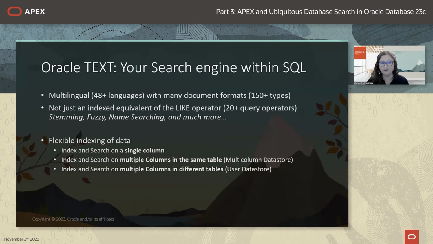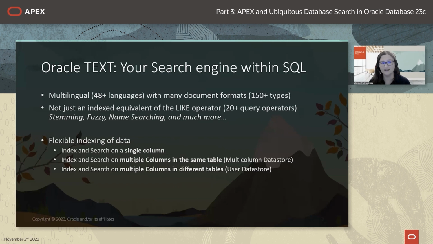The engine is also multilingual, which I know is very important from the variety of people that we have joining on the call from all over the world. It is important that it supports searches in more than just English, and it supports many document formats. And that's acknowledging that you might have important corporate data in PDF documents or Excels or even zip files, and it's important to handle those.